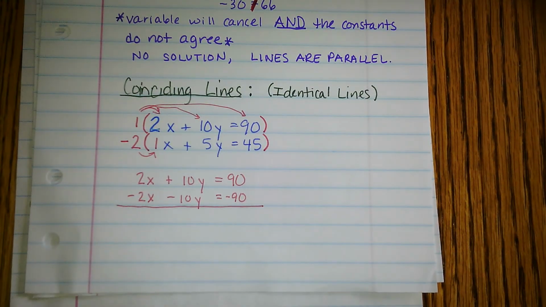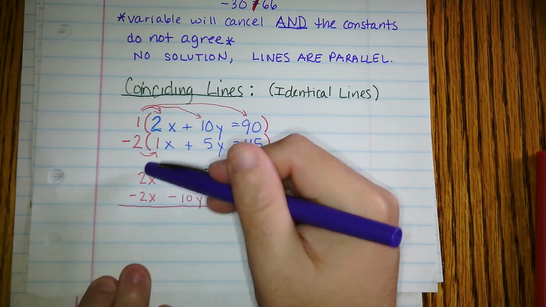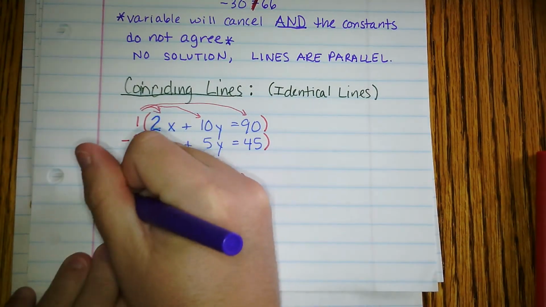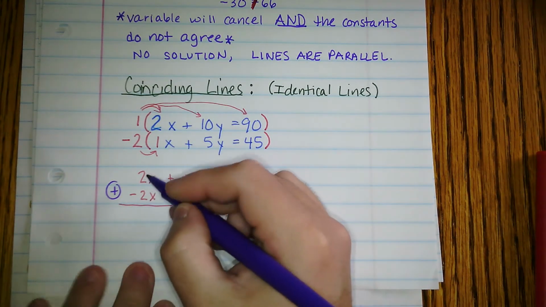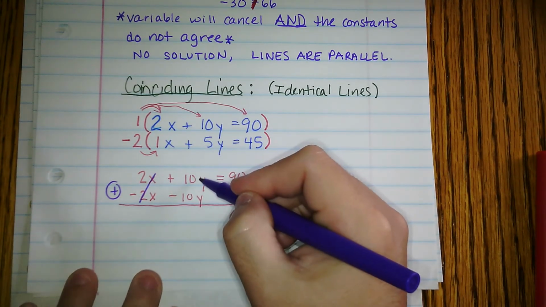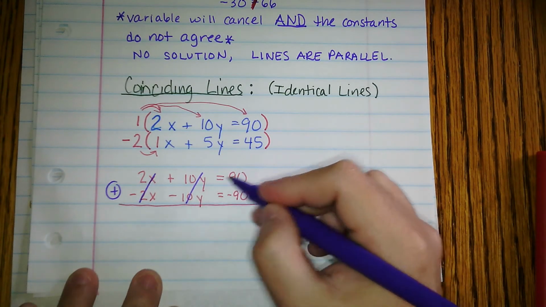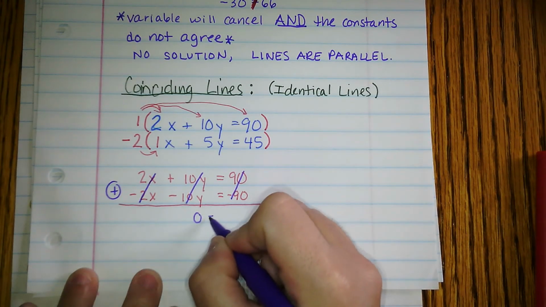Remember that when we're doing the elimination method, after we distribute everything out, what I'm looking for is for my x's to have the same coefficient with different signs. Once I have that, I know I'm going to add down. When I add down, positive 2x and -2x cancel. 10y plus -10y cancel, and 90 plus -90 cancel, and you're left with 0 equals 0.